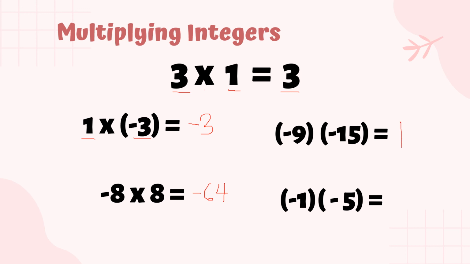So negative 9 times negative 15 is positive 135. Another one, negative 1 times negative 5. Notice that they are both negative. So if we multiply integers with the same sign, the result is always positive. So 1 times 5 is 5. Negative 1 times negative 5 is positive 5.